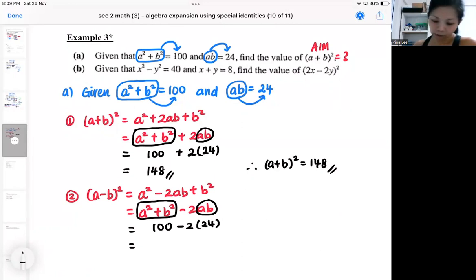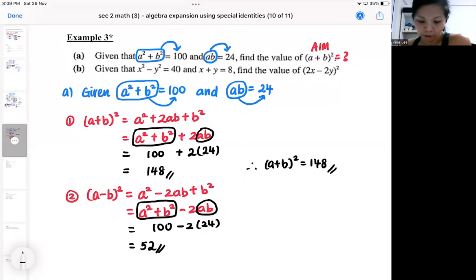So I can also find A minus B squared. There are some very, very difficult questions on this, so in order to be very good with this type of question, you got to be very good with those 3 formulas.